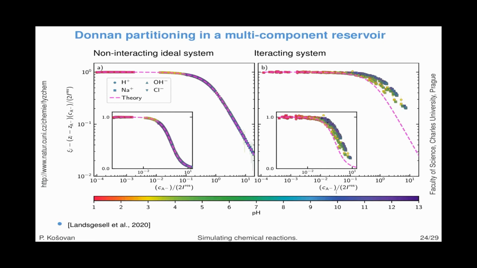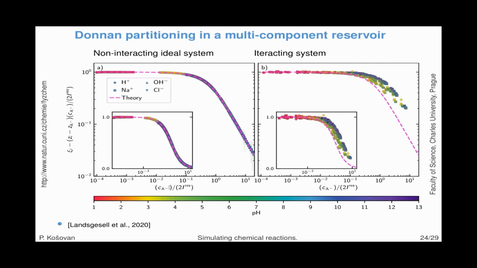Again, it's time for some example results, and the first result I'm showing here is a Donnan partitioning of ions with such a multi-component reservoir, where we have H+, sodium, OH-, and chloride. On the left-hand side, we see a proof of concept simulation of a non-interacting system in a very broad range of pH and a very broad range of ionic strength and salt concentrations.